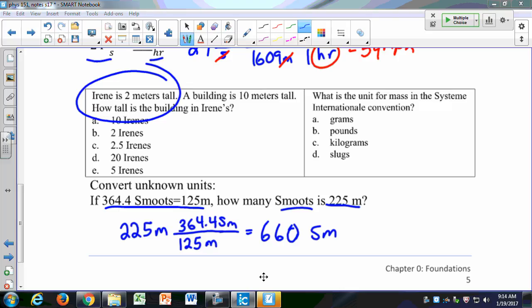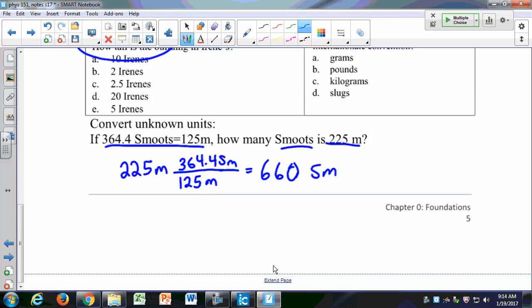All right. Also, you do need to know how to convert metric prefixes. So let's say that I have, for example, 243 grams, and I want to know how many kilograms this is. When you get good at this, you'll just say, well, 243 grams, all I've got to do is move that decimal place over 1, 2, 3 spots, and it's going to be 0.243 kilograms.